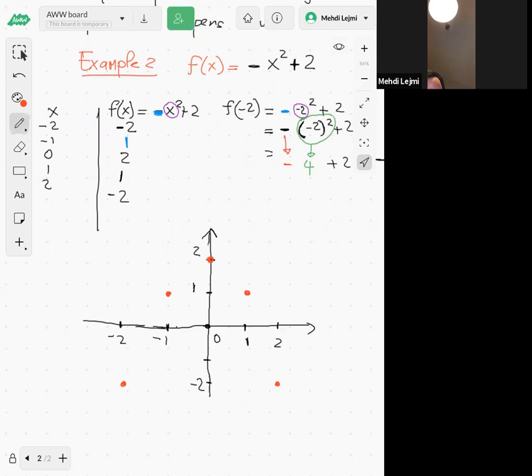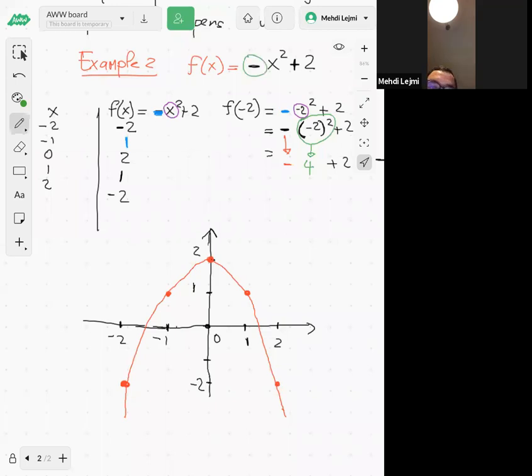Hopefully it's kind of symmetric. So I'm just connecting these points. All right. And so as you can see, guys, in this case the A is negative, right?